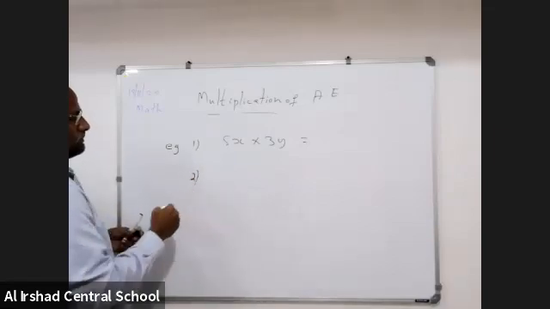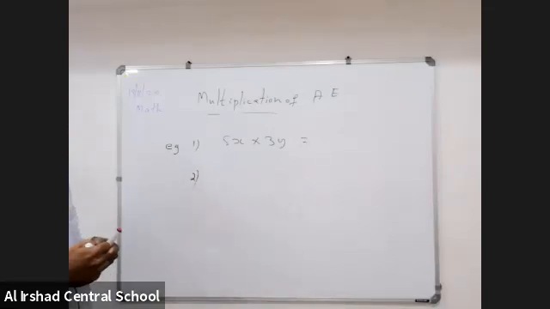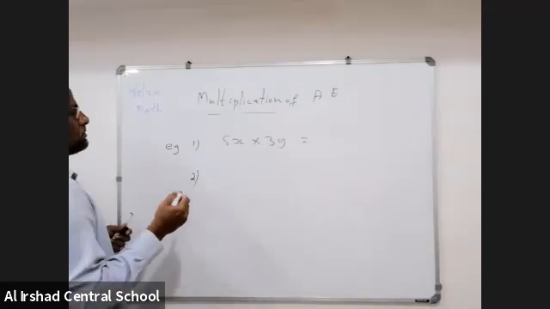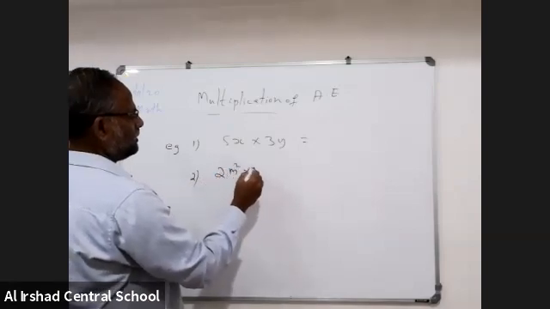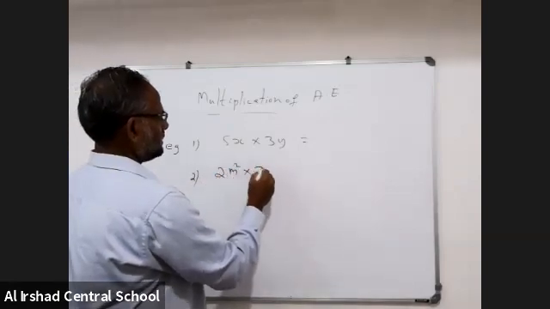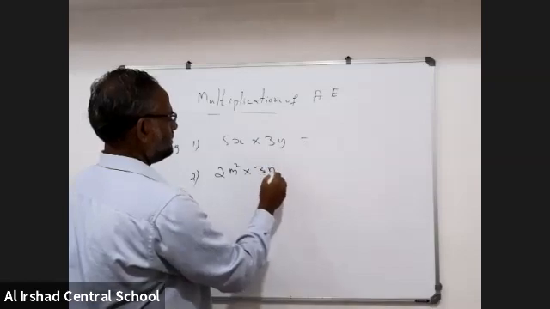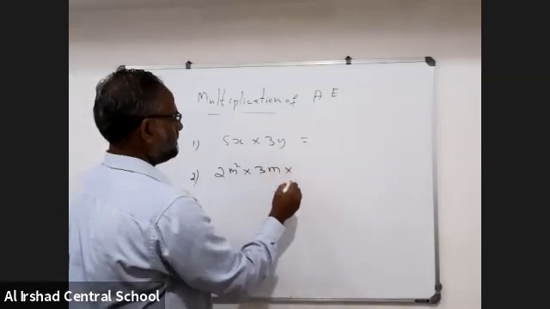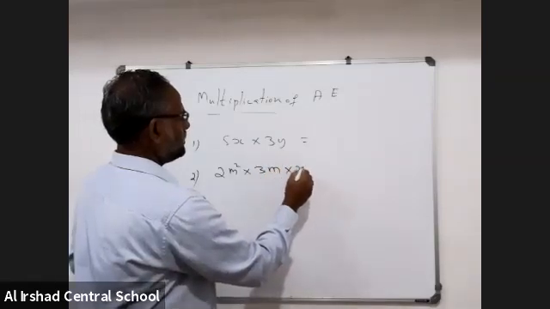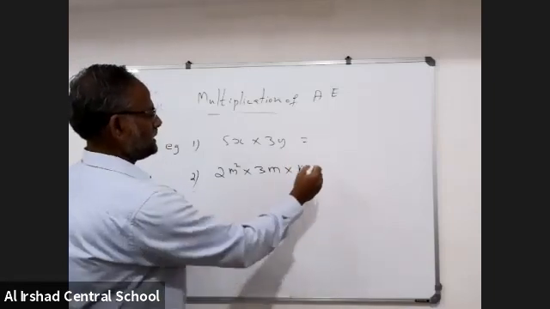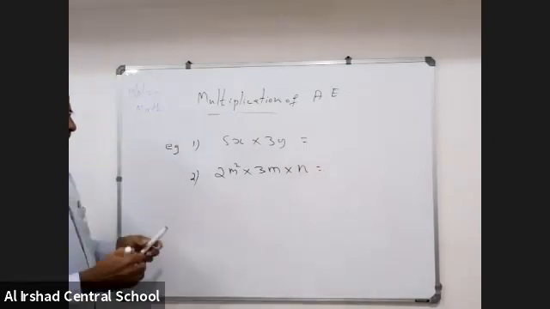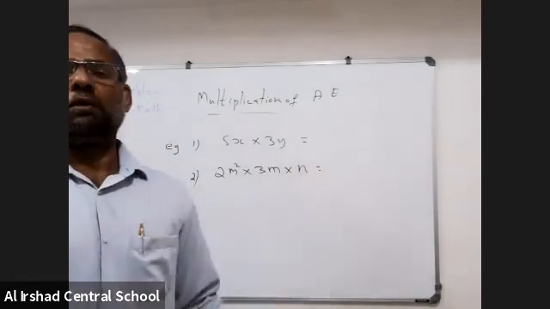Second one, 2m squared into 3m into n. What is the answer for this? Monomial into monomial into monomial.